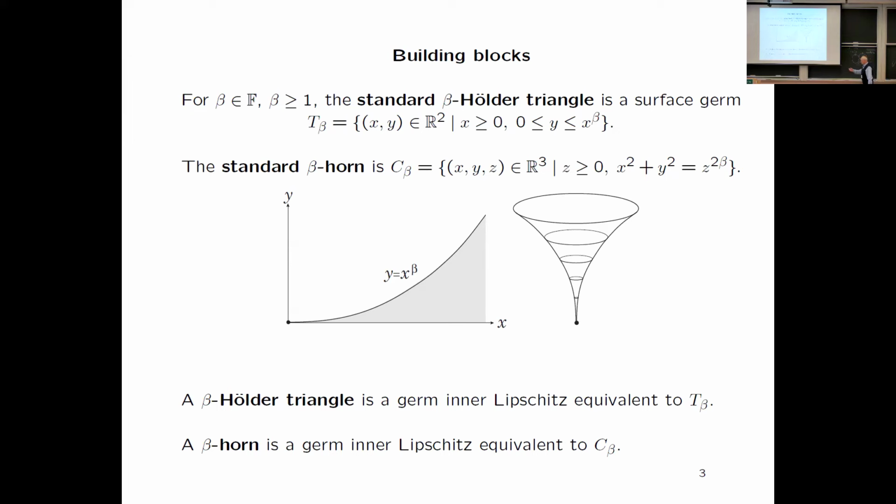In most pictures in this talk, the two-dimensional objects will be represented by their one-dimensional links, just pointing to the exponent. So these are building blocks, and essentially in inner classification, all you need is these two things, and everything else is combined out of them.